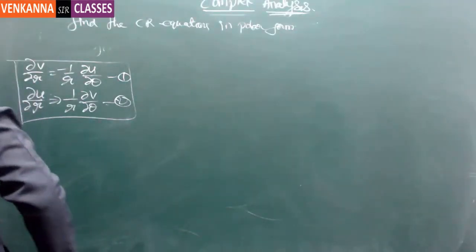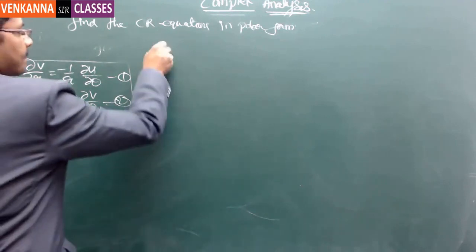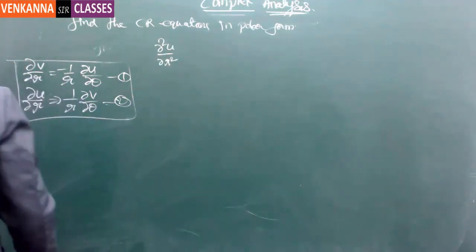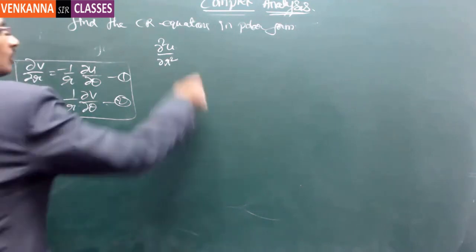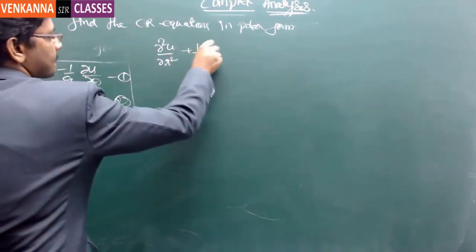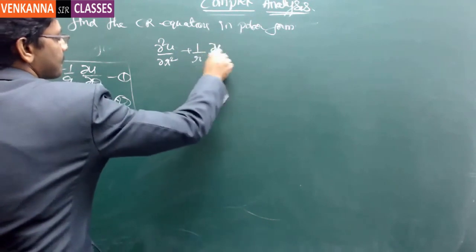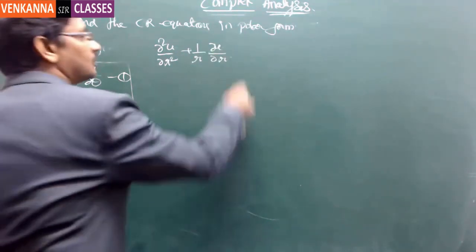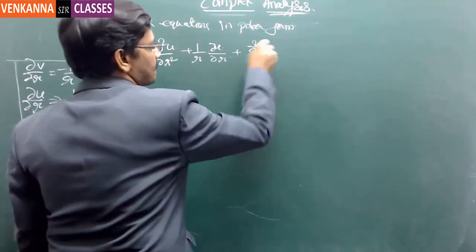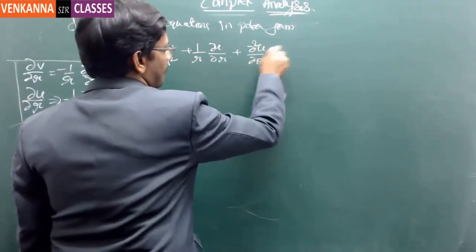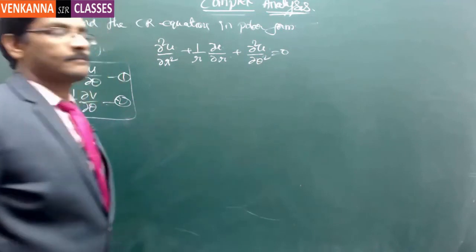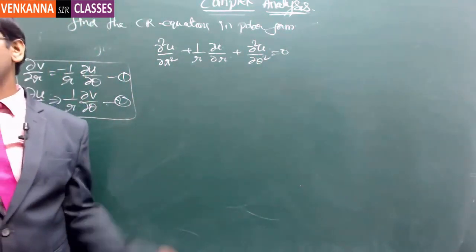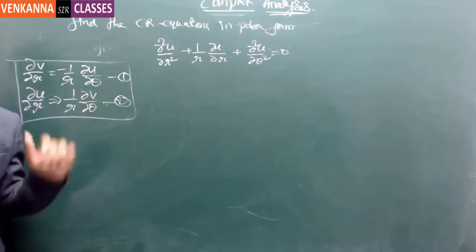Dou square u by dou r square plus 1 by r into dou u by dou r plus dou square u by dou theta square equal to 0. Can you try proving this from these two relations?